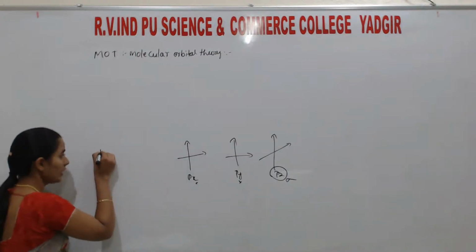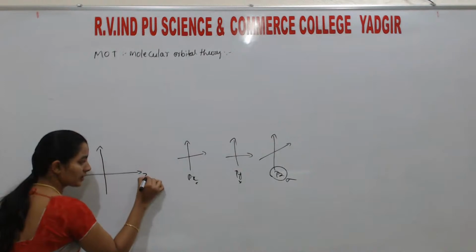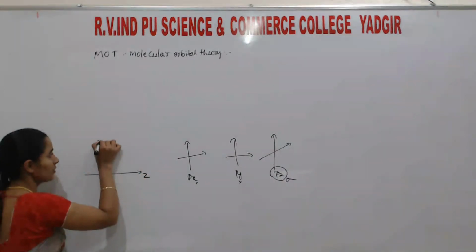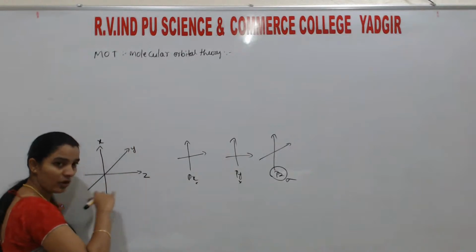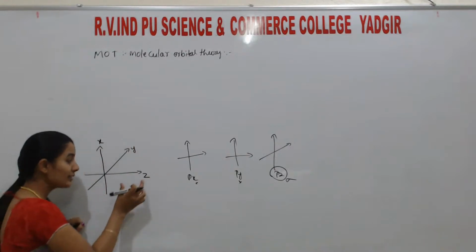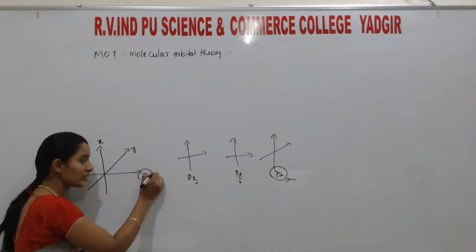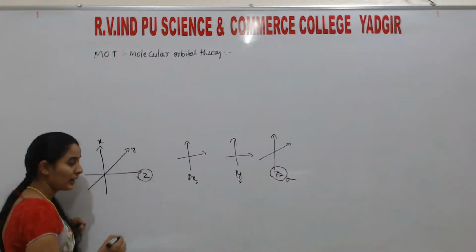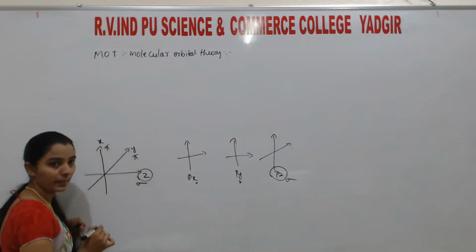Because while writing, we know this one is taken as the main axis z, this one is x, this one is y. This is present horizontally, along the axis. So this z is considered the main axis. This will form sigma, this will form pi.